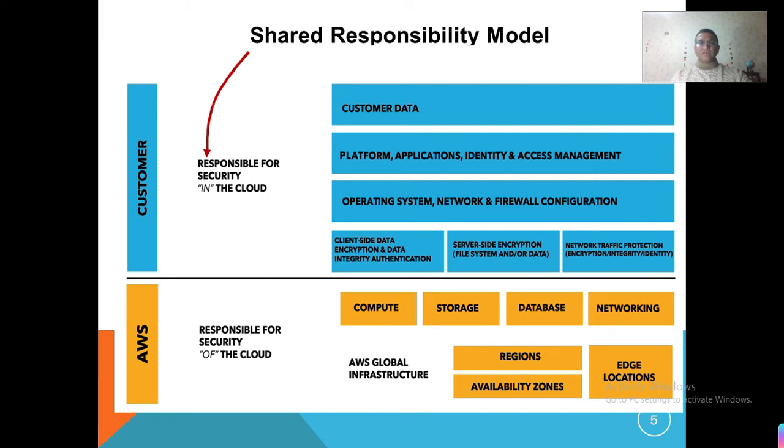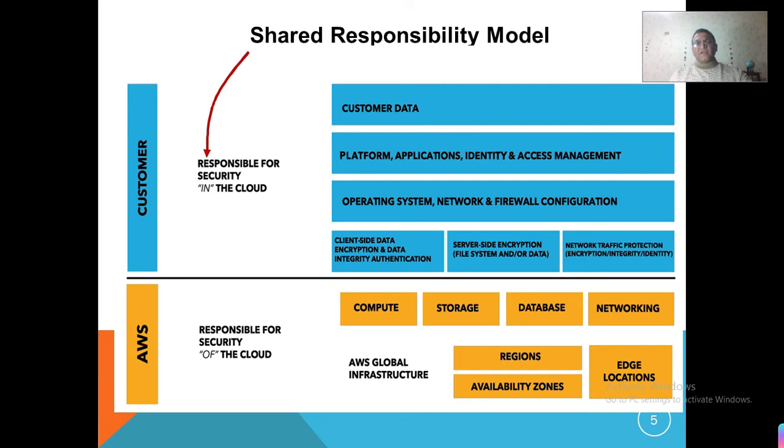All the things like networking, databases, storage, and computing issues are to be taken care of by the cloud provider. He is responsible to make sure that everything will be fixed and will be running fine. On the other side, the customer application, the customer data, and providing the policies, identities, and all these access issues are to be taken care of by the customer.